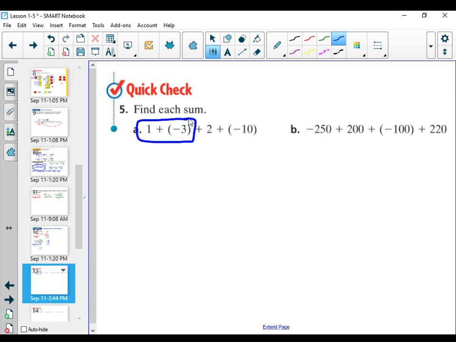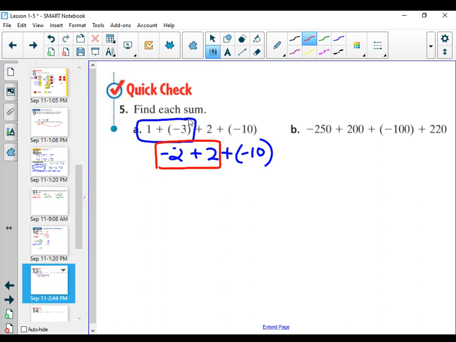I see different symbols. I will subtract. There are more negatives. My answer is negative. I see different symbols. I will subtract.